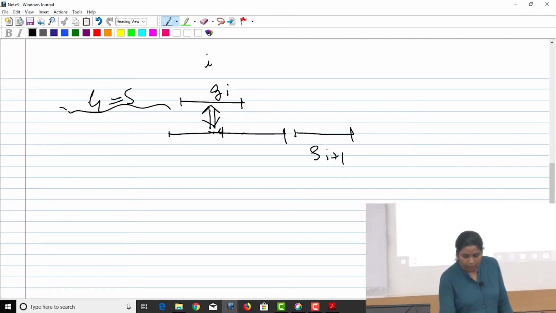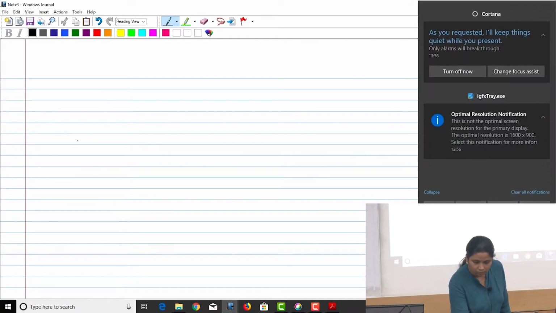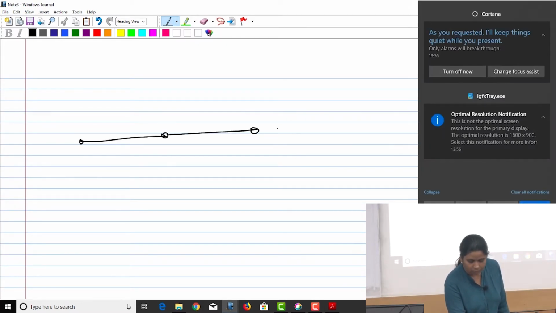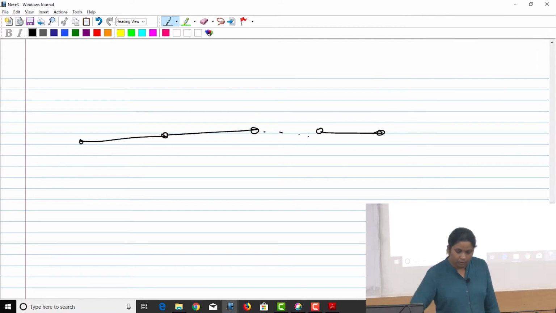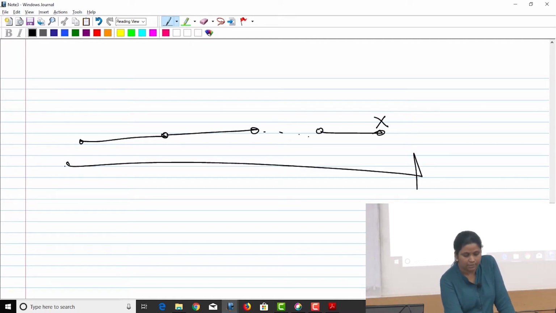So this is my graph. The angel has told me that this vertex is not in the solution. Then what is the solution of this graph? What is the maximum independent set of this graph?